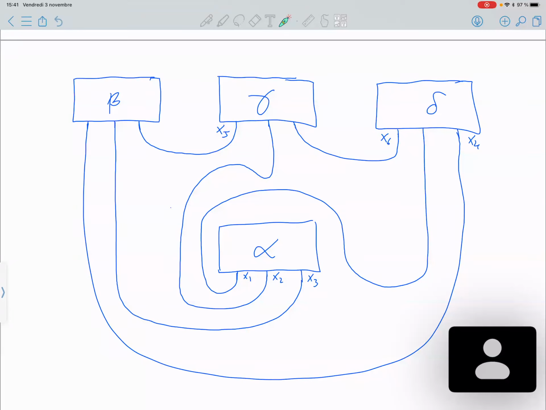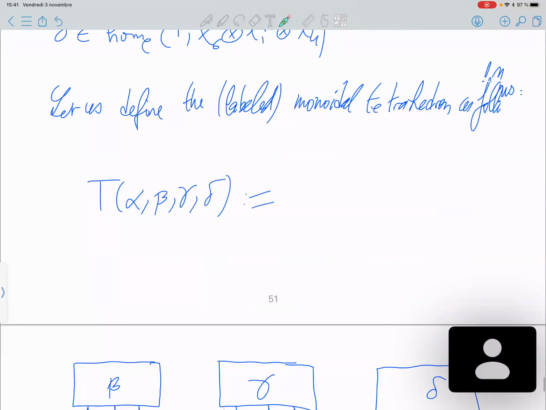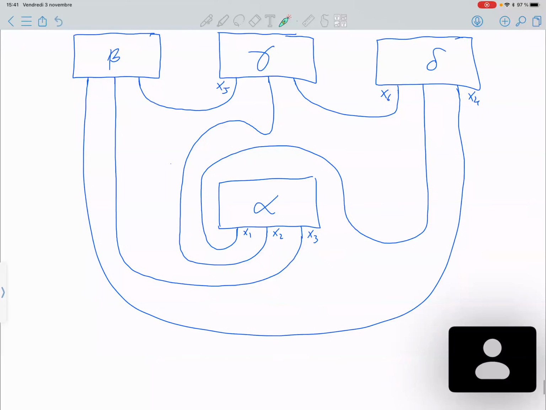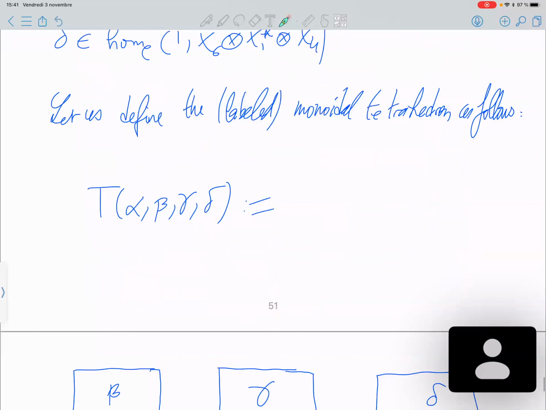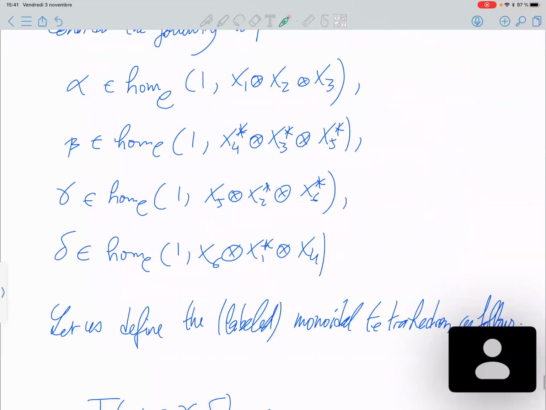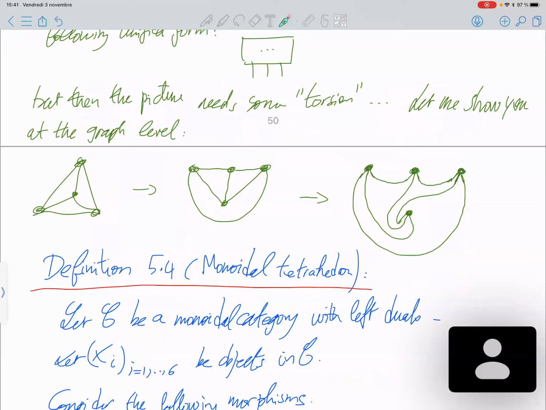So what can we prove about that? The observation is that if you write a regular tetrahedron like that, or even in 3D, you have symmetries. For example, here in 2D, you have the cyclic group of order 3 as a symmetry.